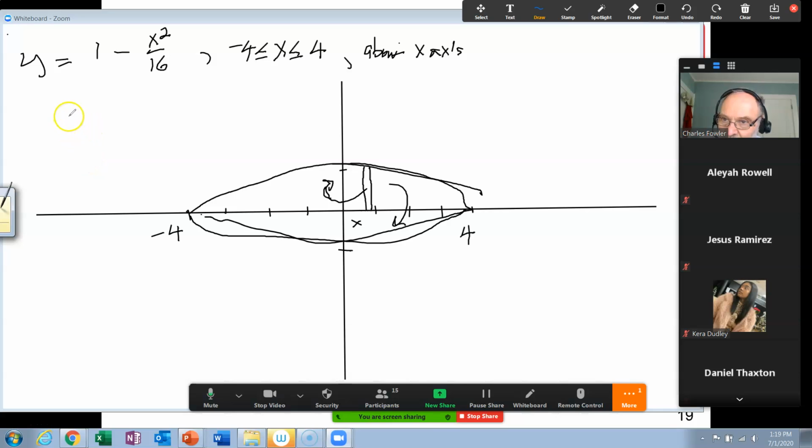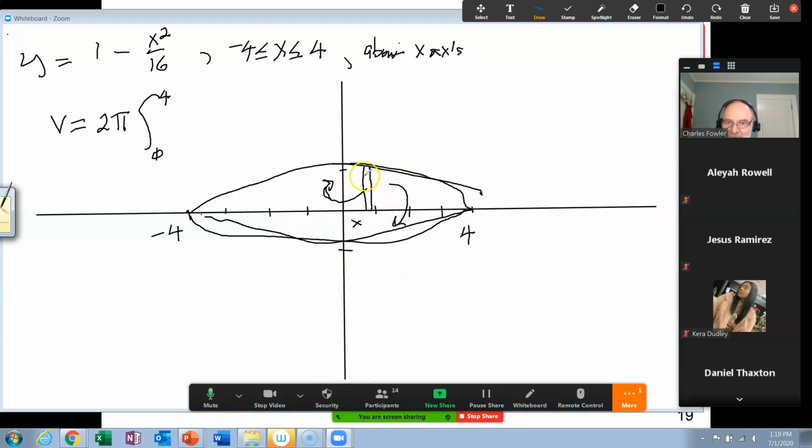Okay, so your volume is going to be, since we're using a shell method, 2 pi times the integral. And the integral, since we're doing dx's, is going from 0 to 4. You don't have to do minus 4 to 4 because you're doing your circular, you're rotating. That takes care of that.